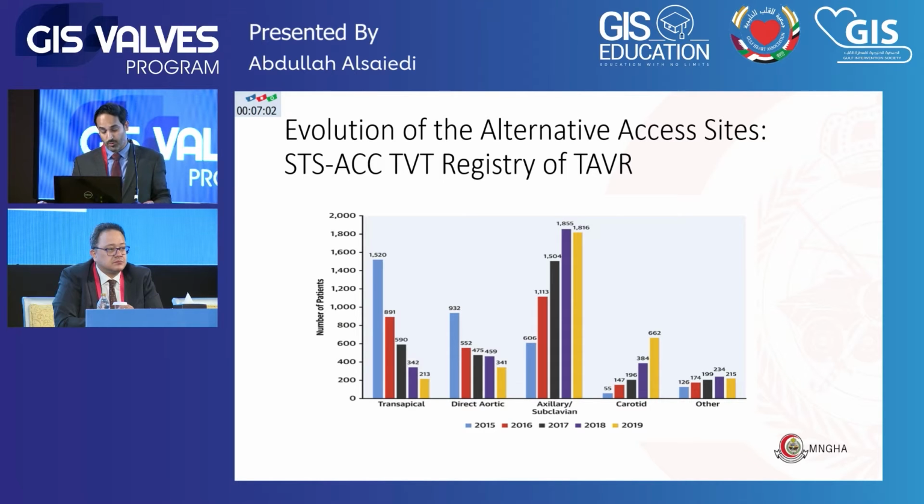In the States, from 2015 to 2019, most operators tried to avoid using transapical and direct aortic, because of the high mortality and complications associated with these alternative accesses. And axillary and carotid access has been used since that time.